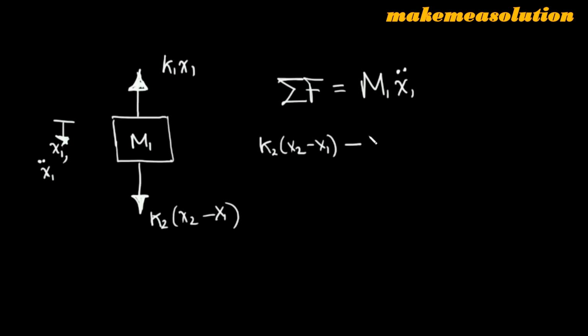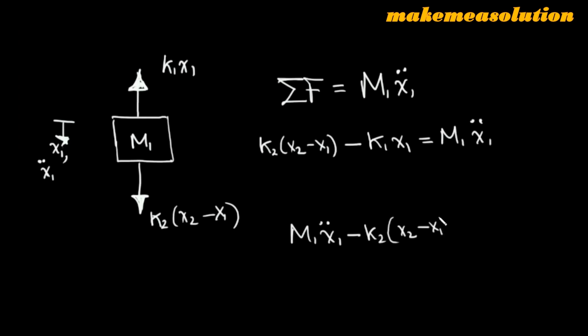The restorative force is k1 x1, and this is equal to m1 x1 dot dot. When we rearrange this equation, we have m1 x1 dot dot minus k2 into x2 minus x1, plus k1 x1 is equal to 0. So for the first mass, it will be equal to 0.